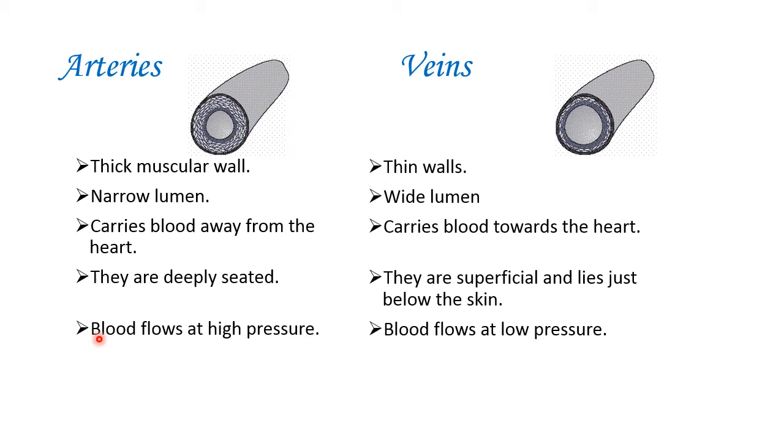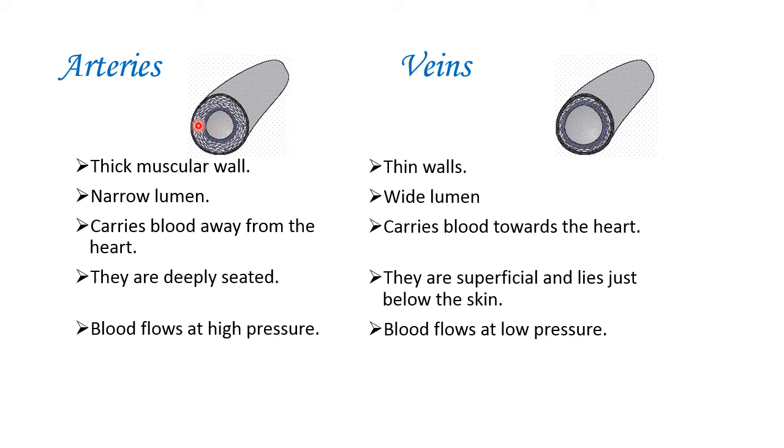In arteries, blood flows at high pressure, whereas in veins, the blood flows at low pressure. Now, why is the blood flowing with high pressure in the arteries? This is because of the pumping action of the heart, and the muscular wall also ensures the pressure in the arteries because it has got narrow lumen.